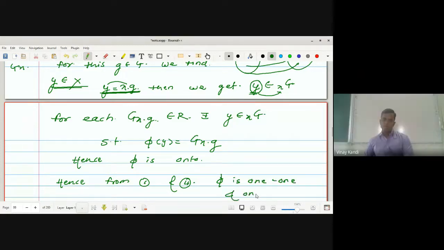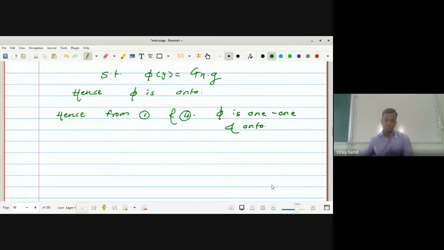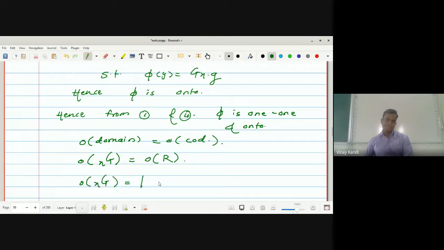That means order of domain is equal to order of codomain. What is domain? xG. What is codomain? R. What is R? Order of R is nothing but index of GX in G, is equal to order of G upon order of GX.